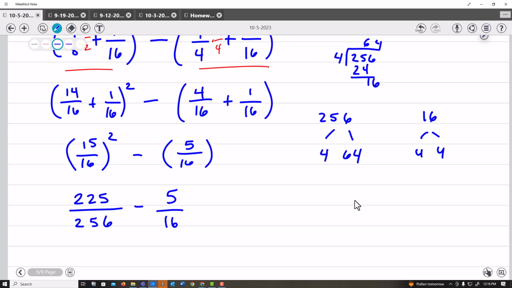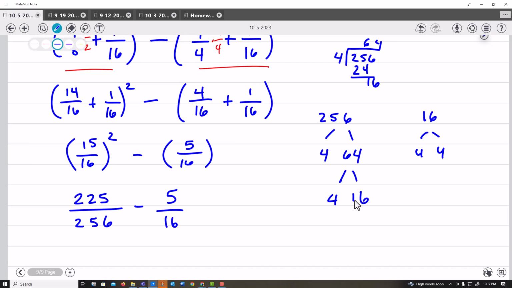You just figure that probably one of these is going to be one of these factors. So I have a 4 in common, but I need to think about my 64, which is 8 times 8. Leave that 4 there, does 4 go into this again? And it actually does, so 4 goes into 16.